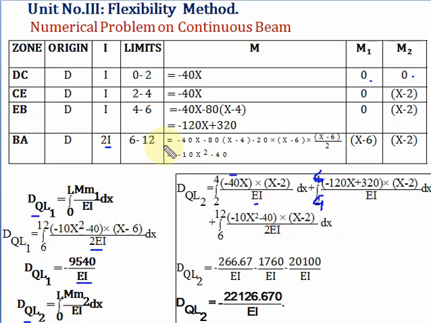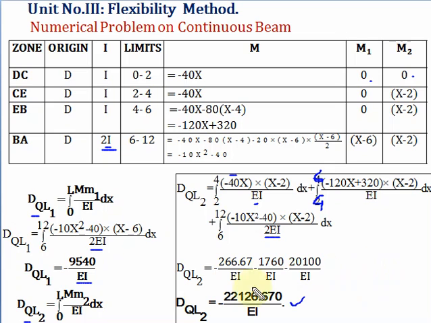Now next zone BA. The limits are 6 to 12. The value of M is minus 10x square minus 40, into x minus 2. Here the value of EI is 2EI, so you have to put 2EI. After solving this, we will get the value of DQL2 equal to minus 22126.670 upon EI.